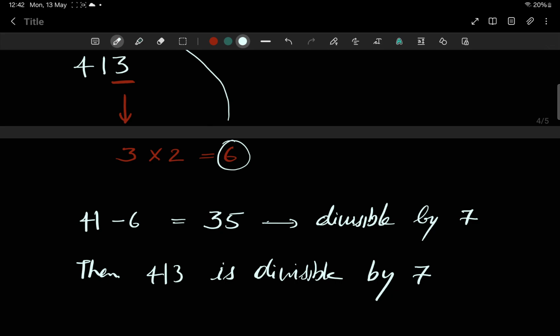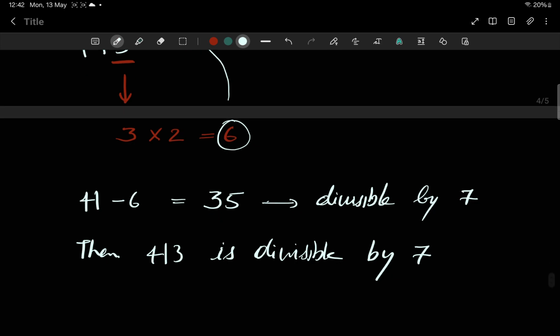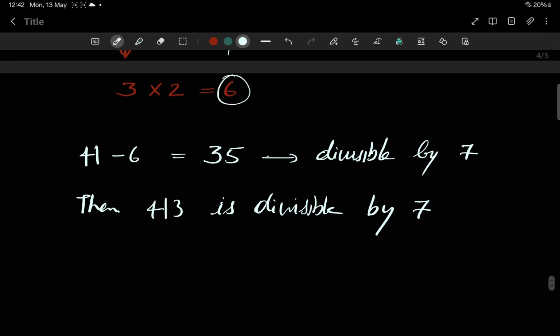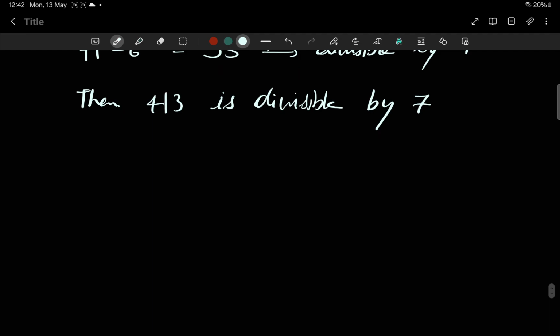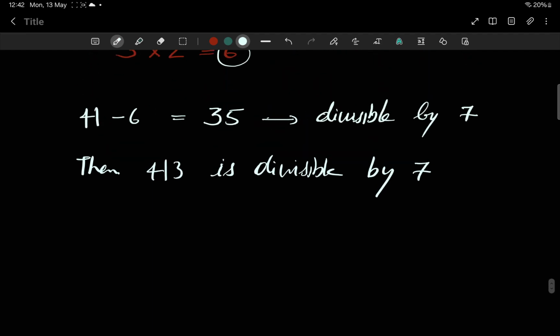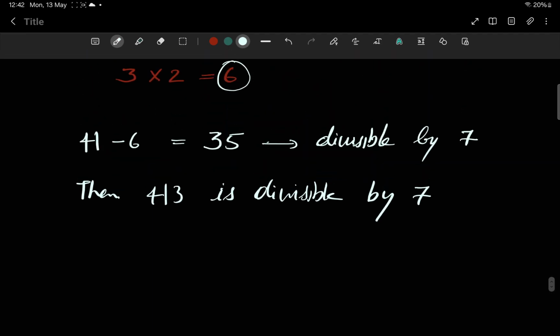So 413 is divisible by 7. Okay, let me take one more example. 343. One more example.